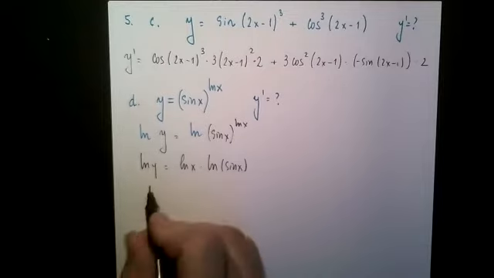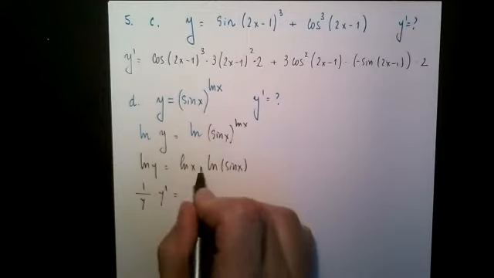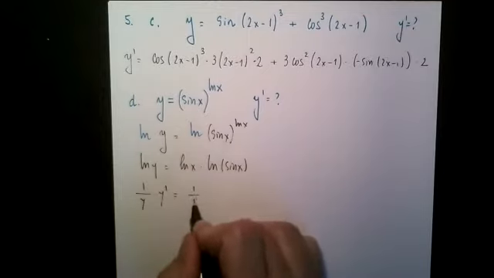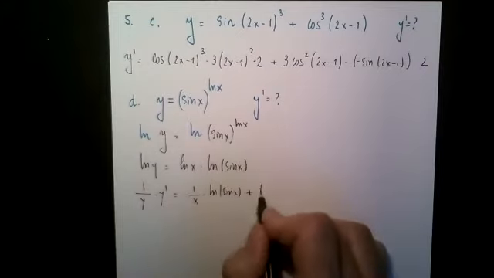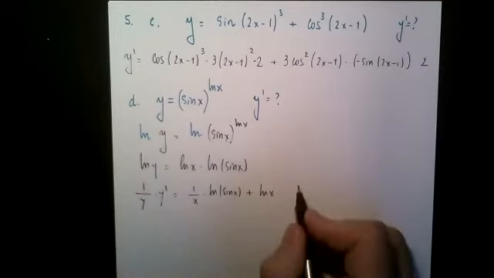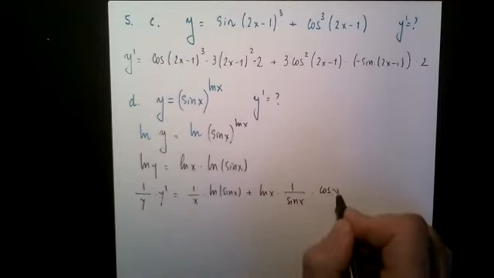Here I'm going to have a chain rule, so 1 over y times y prime, and then this is a product rule, so 1 over x times ln of sine x plus ln x times the derivative of ln of sine x, which is 1 over sine x times cos x.